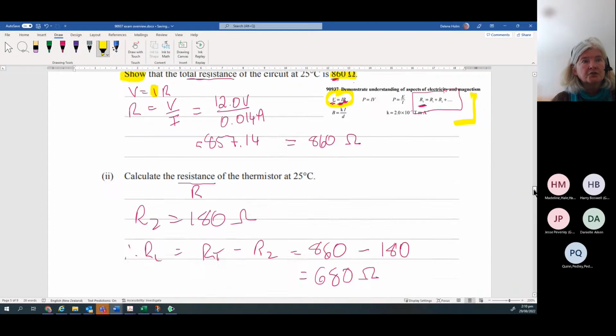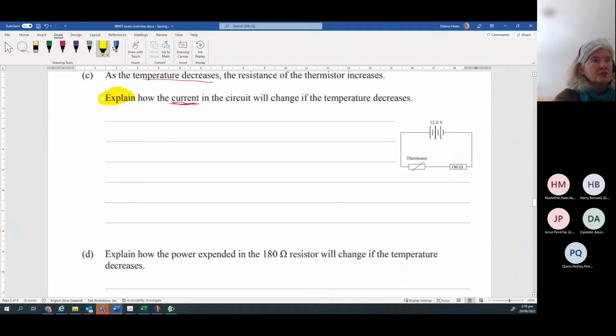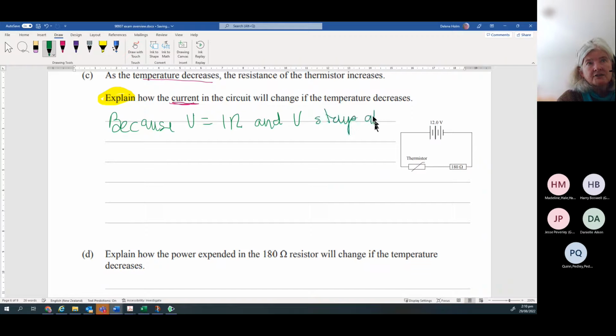So we could start off by saying, because V is equal to IR and V stays at 12 volts. You could have said stays the same, but to show that you've understood the question, you can give specific detail to say, hey, I can apply my knowledge to this.